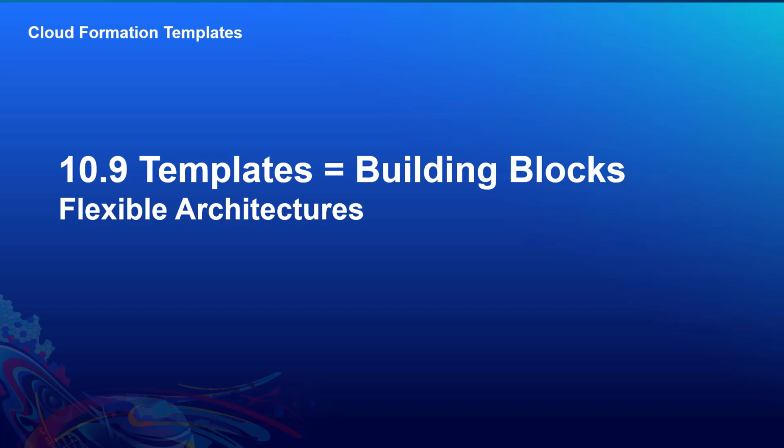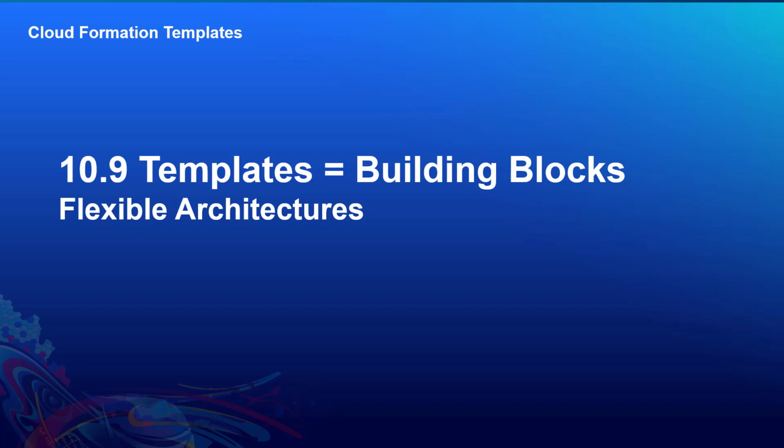The next thing to talk about is our 10.9 templates. This is maybe the biggest change if you've been using our software. This is what's going to give you flexible architectures. Prior to 10.9, we have had a template for every architecture. We've had a template for highly available deployments on Linux, highly available deployments for Windows, all-in-one machine for Windows, an all-in-one machine for Linux.